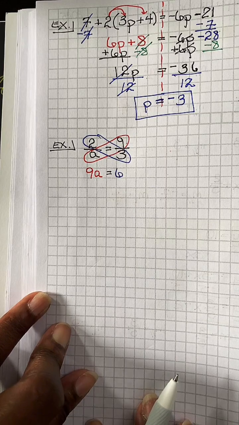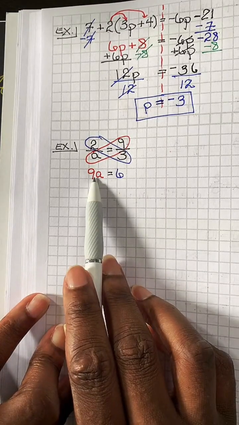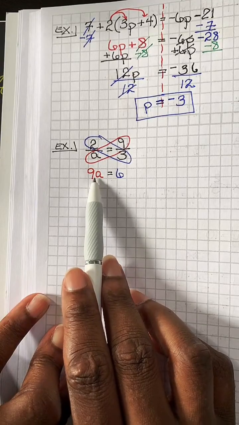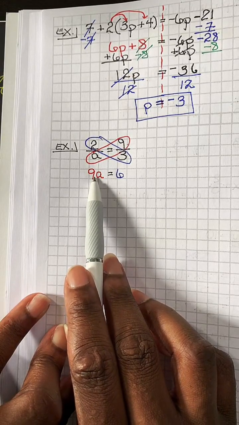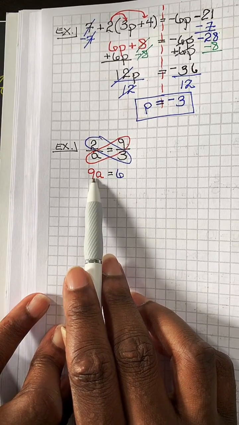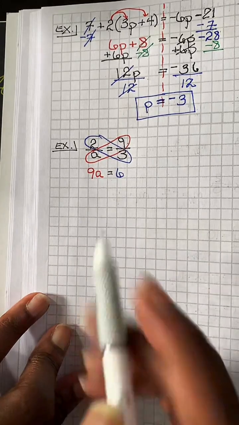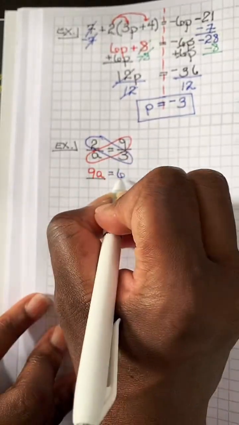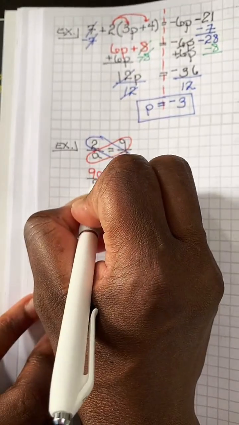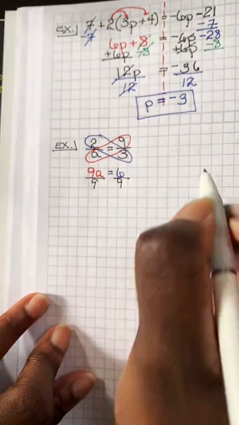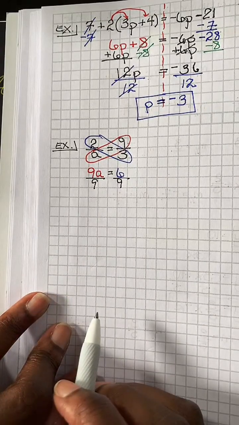We're going to divide. The reason why we're not subtracting is we don't have a plus or a minus sign in between the 9 and the a. That indicates multiplication. The opposite of multiplication is division. We have to get that down, guys. Have to. And it's not 1/3.